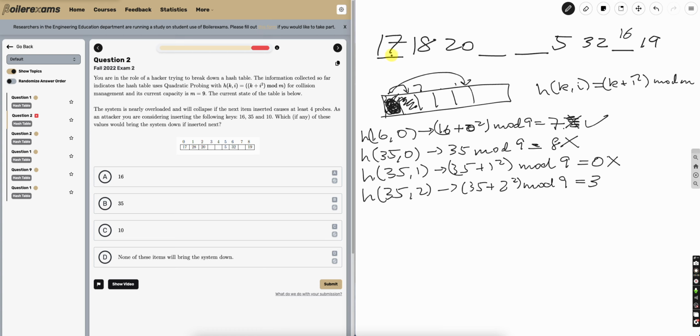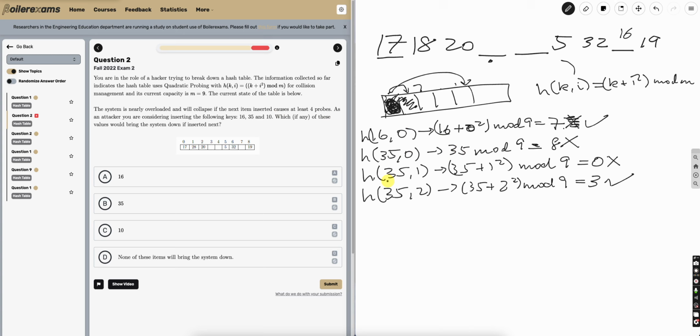When checking here, 0, 1, 2, 3, there clearly is a space for 35. So 35 would land here after 3 operations. Clearly 16 and 35 won't bring the system down because they did not cause at least 4 probes. So the answer would be 10.